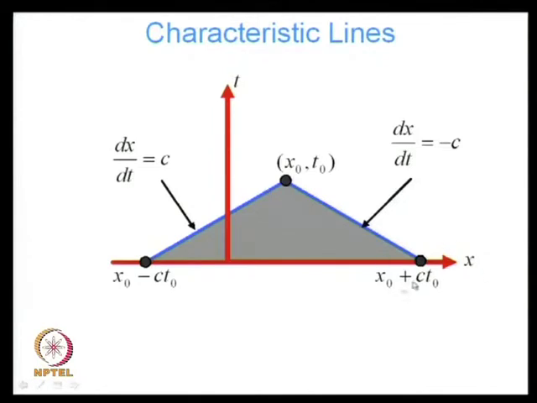If I know f of x0 plus c t0 here, that is going to be the second part, the f of x plus c t term. So that part of the D'Alembert solution is entirely known if I know the value of the function at x0 minus c t0 and at x0 plus c t0.